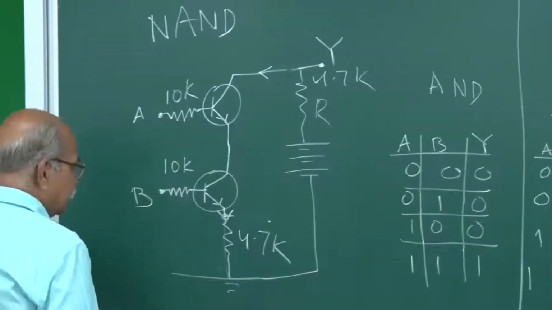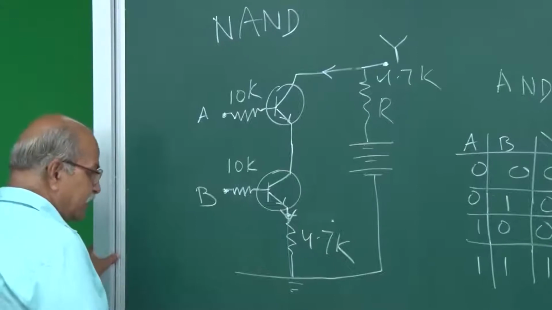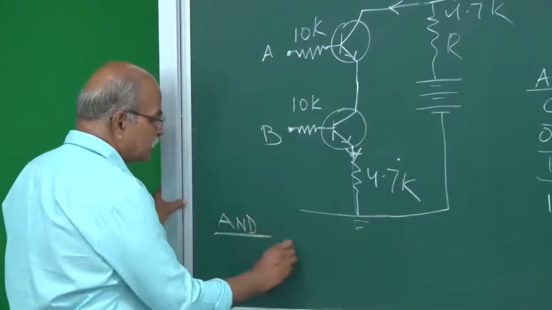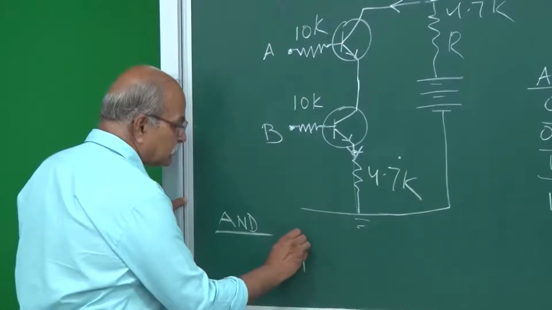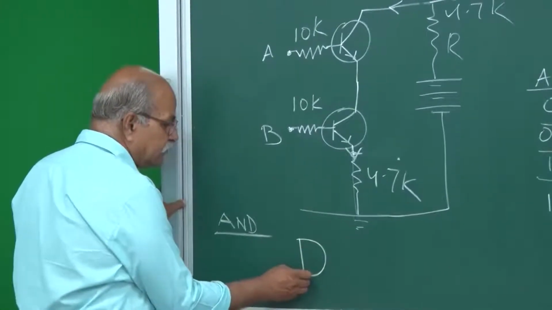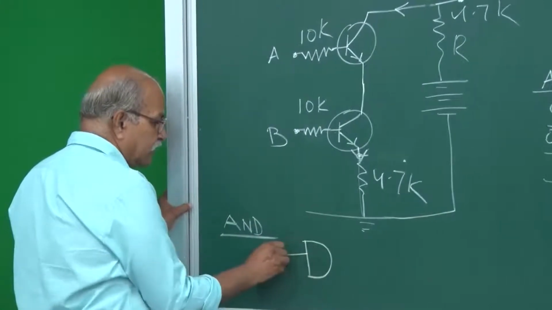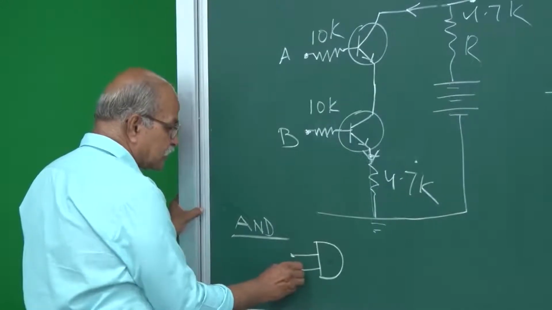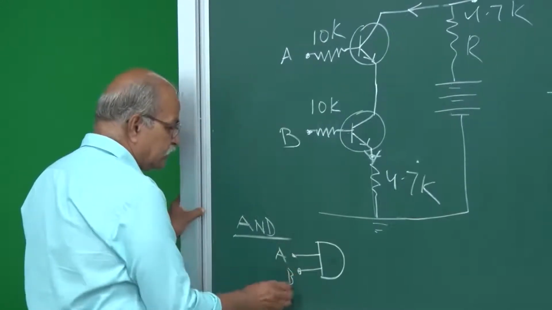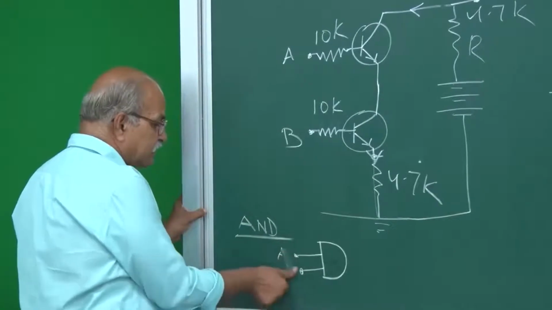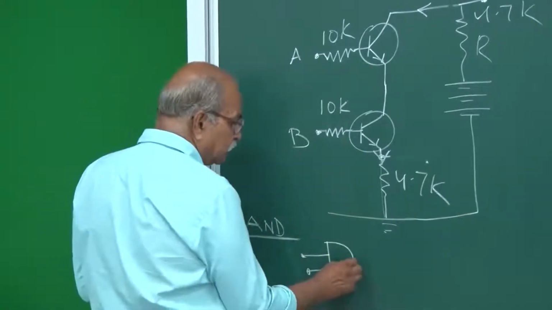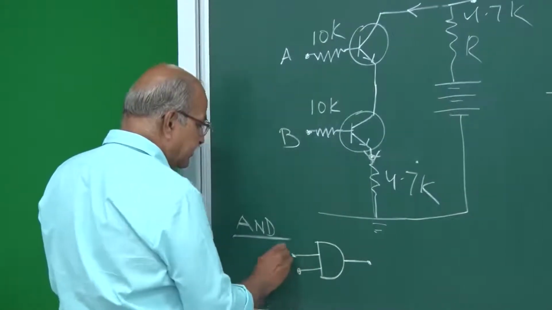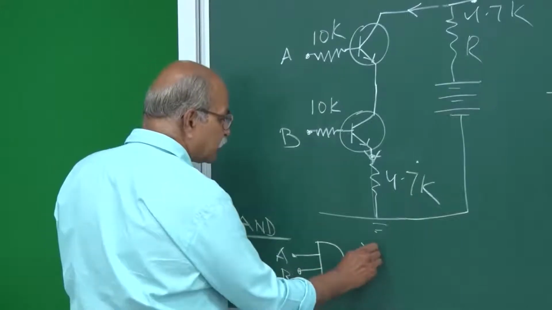The symbol for NAND gate and AND gate: for AND the symbol is, you make a structure like D, and then you take two lines here and represent these as inputs. So this is A and this is B. For the symbol you don't write AB, and then you put a line here and a dot here. So this is the input points and this is the output point.